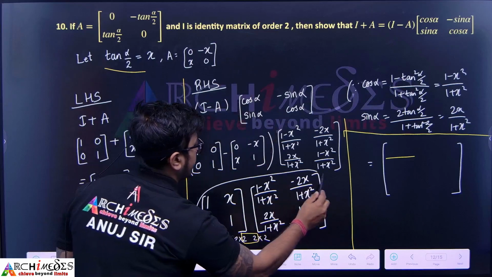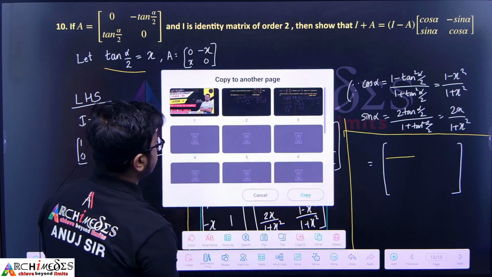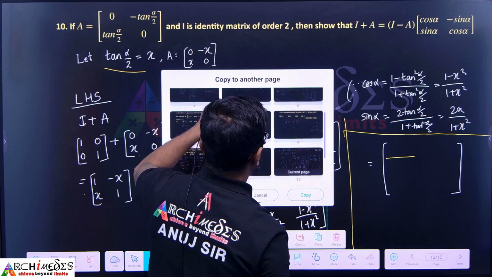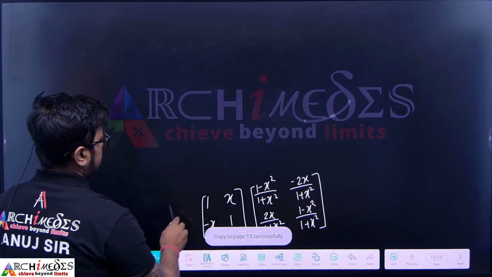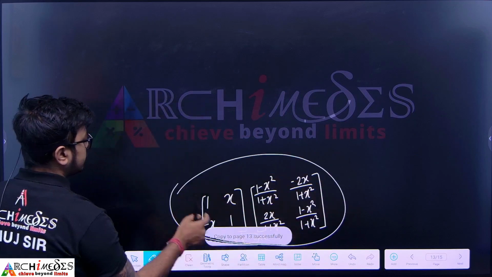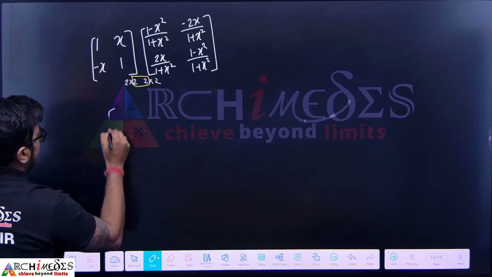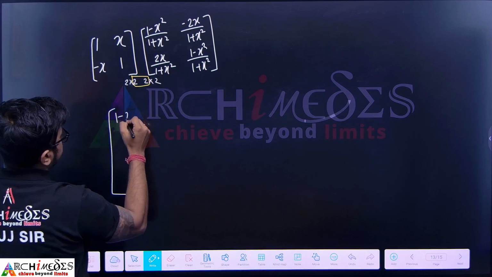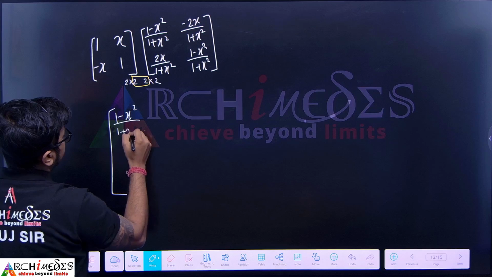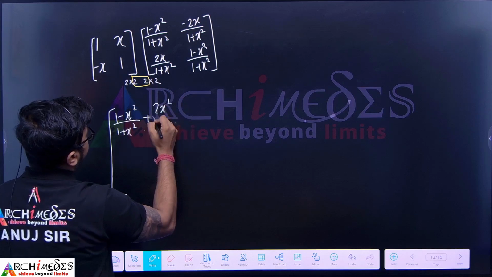Just give me time. I'll explain the first step in detail, then I'll give you the shortcut. I'm only explaining the first element. This into this is 1 minus x square by 1 plus x square, plus this into this, which is 2x square by 1 plus x square.